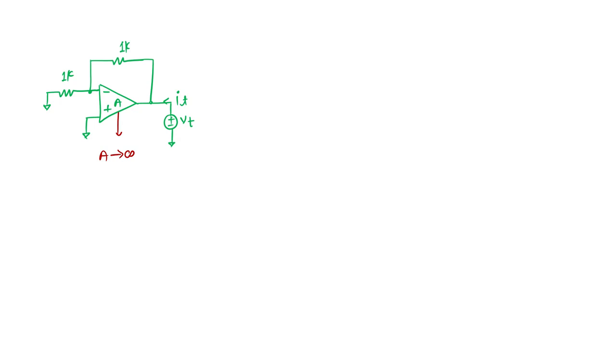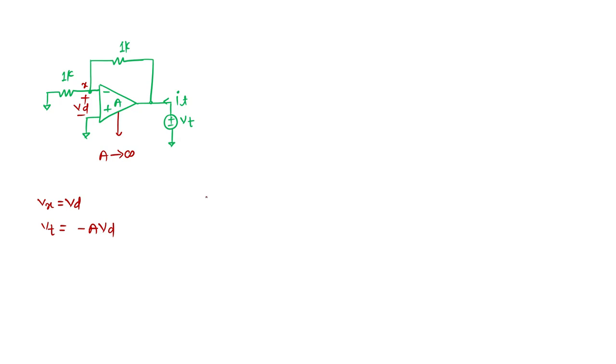Let's say this is my VD, and VD is simply the voltage at this node X. So Vx is nothing but VD. So VT should be minus A times VD. This is one thing we can understand from here.